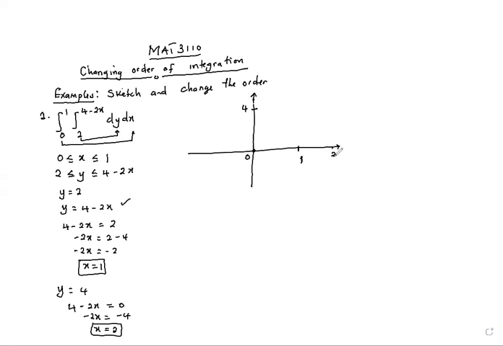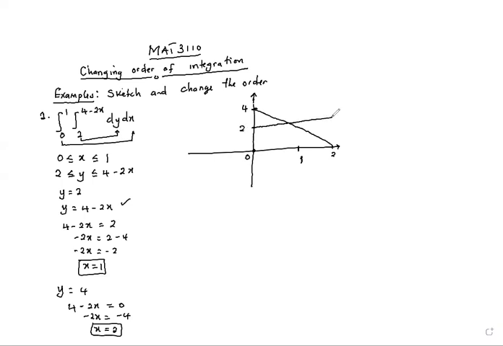So at x equal to 2, meaning we have a line cutting this way. And then we have another line running from 2 going in this direction.